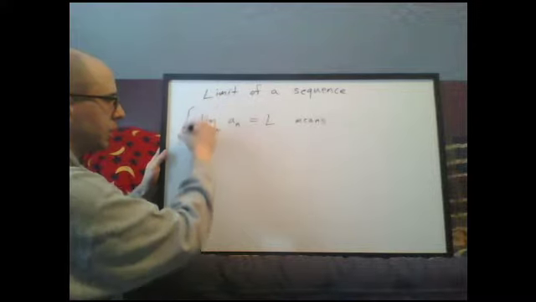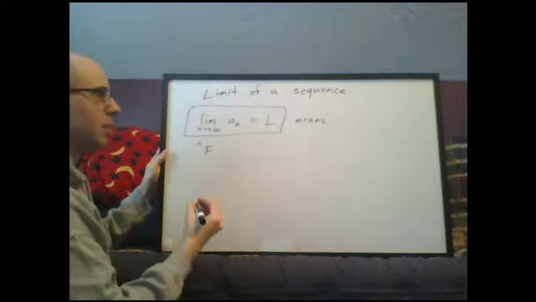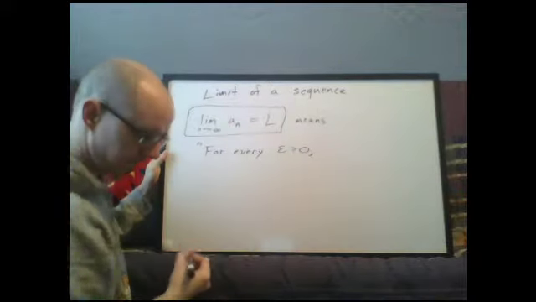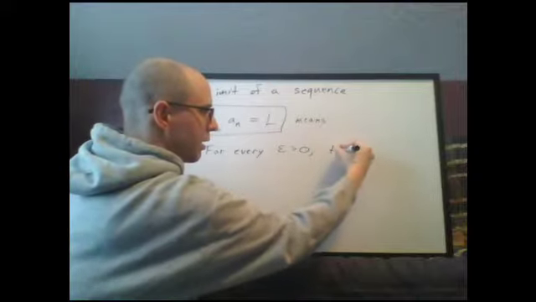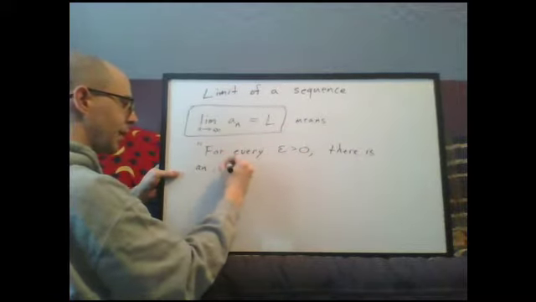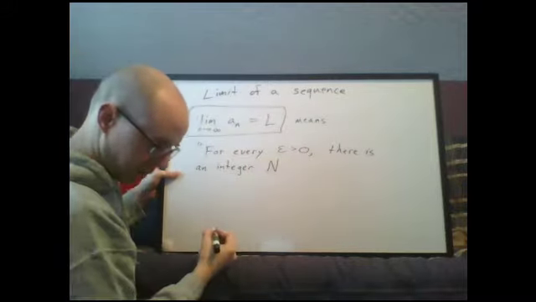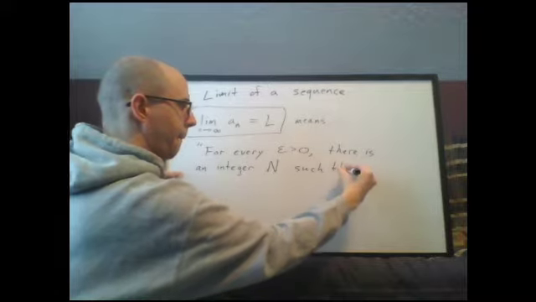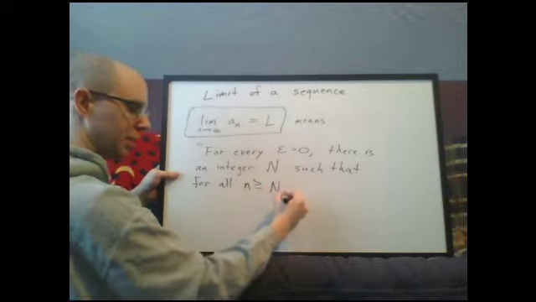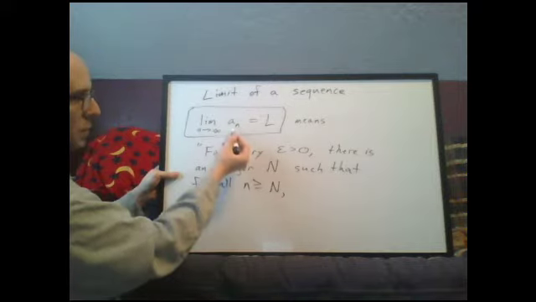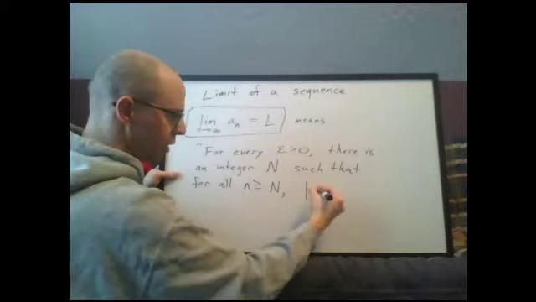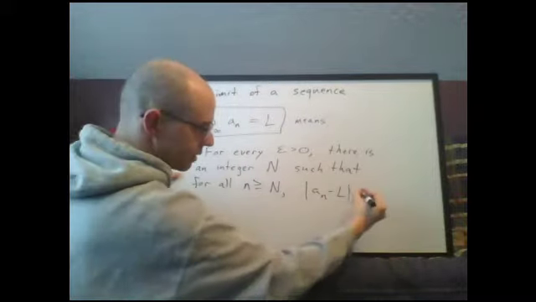So this equation here, saying the limit of a sequence equals L, means for every number epsilon greater than 0, there is an integer capital N such that for all little n bigger than or equal to capital N, we want to say the terms of the sequence will be very close to L. So they'll be within epsilon of L. The way we said it is the absolute value of a_n minus L is less than epsilon.